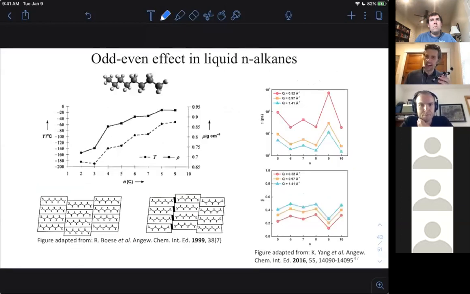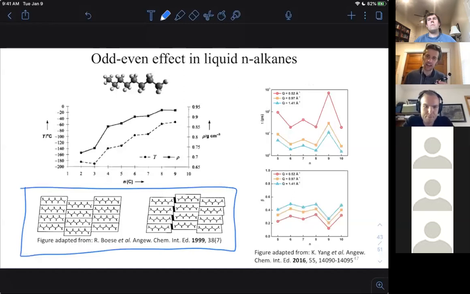For some states of matter, I forget if it's gas or solid, maybe it's solid, these odd-even effects have been explained partially by packing phenomena.